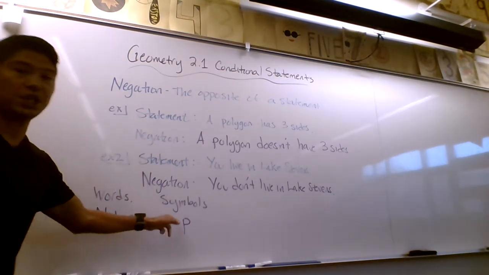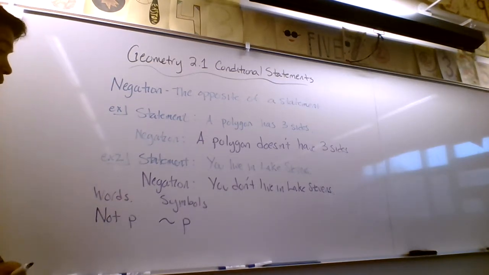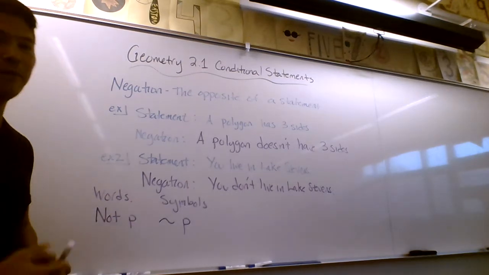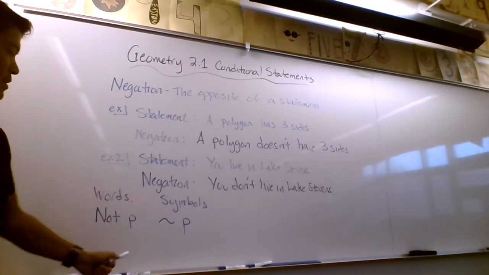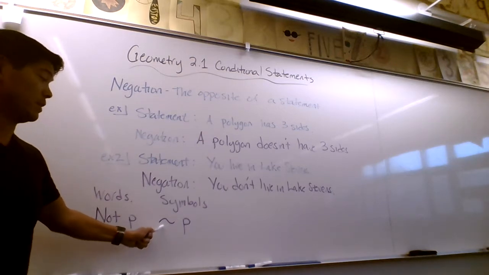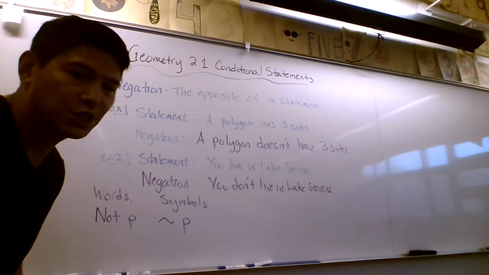This basically means not P. It's like the little squiggly mark above your equal sign for congruence, or if you're taking Spanish, it's actually called a tilde. It's above the N, like if you say mañana, then you'd have a little tilde above the N. But that symbol in logic means not. So this would be not P, and that's the negation of the statement.